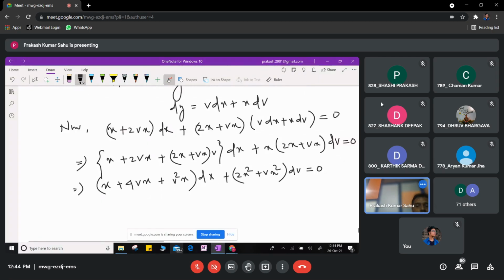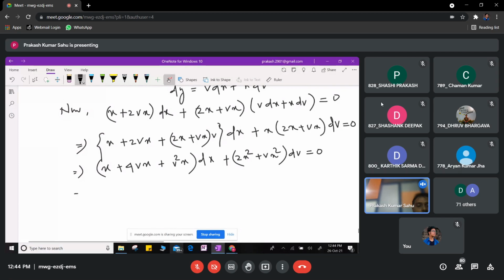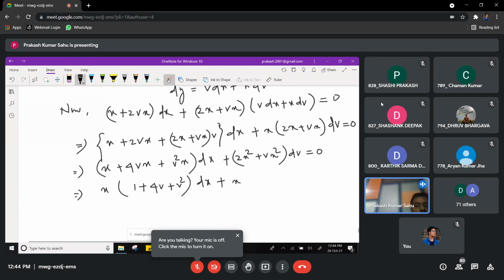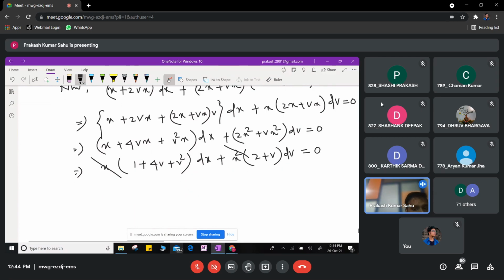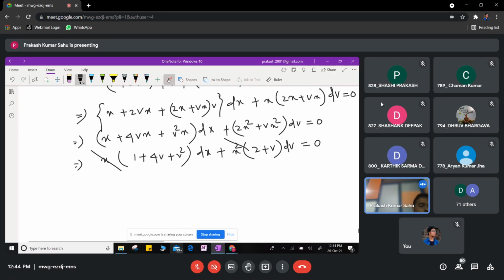Again you can take x common: x into 1 plus 4v plus v square dx. Here taking x square common, it will become 2 plus v dv is equal to 0. So x will be cancelled out from both sides, because x will not be 0.